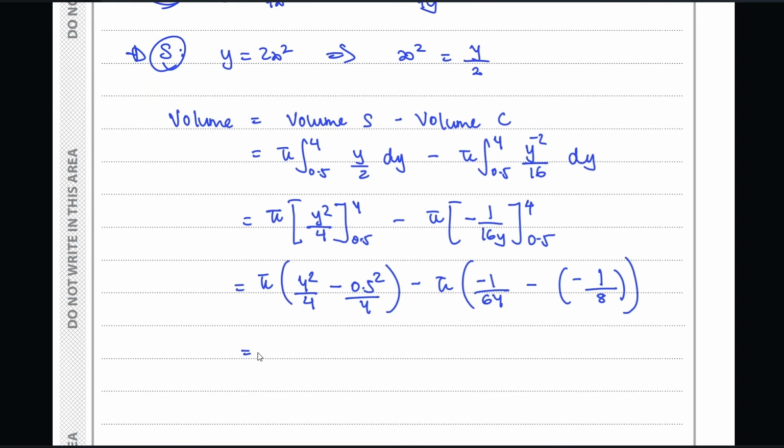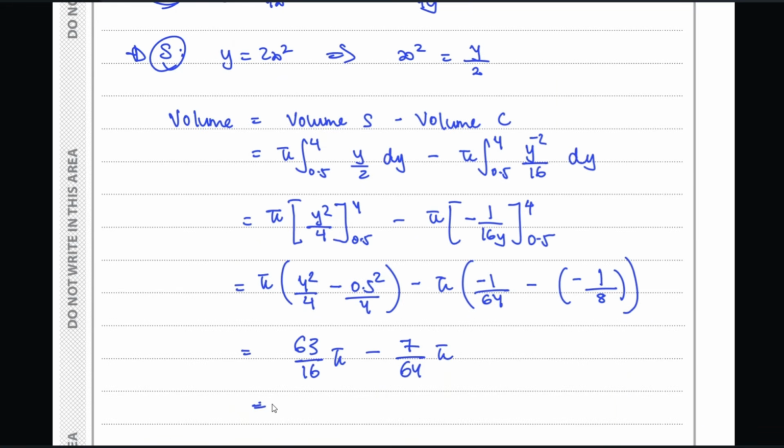Let's use our calculator and solve this. The upper limit value, 4 squared over 4 minus 0.5 squared over 4, gives us 63 over 16. So this is 63 over 16 pi minus the lower limit value, minus 1 over 64 plus 1 over 8, which is 7 over 64. So we have minus 7 over 64 pi.